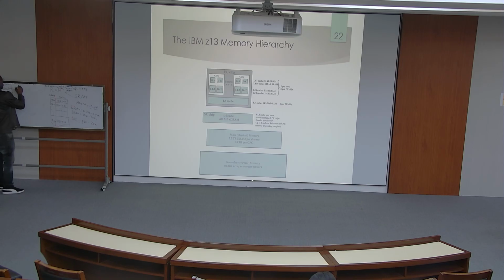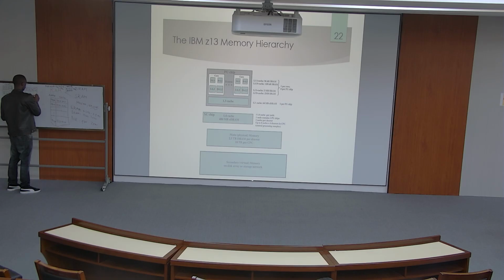We have the same for core number 2: level 1 for instruction, level 1 for data, level 2 for instruction, and level 2 for data. We have in total 8 cores.